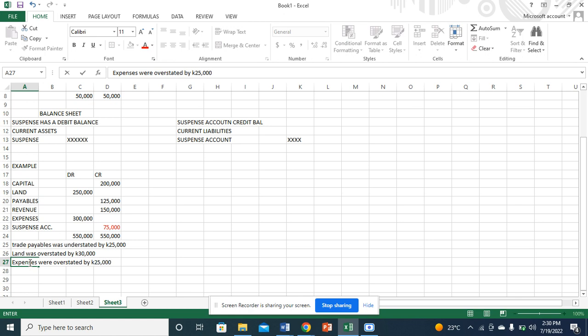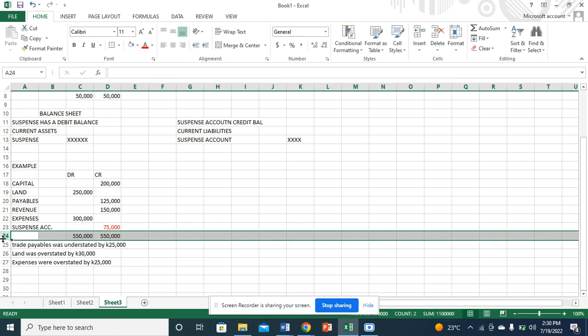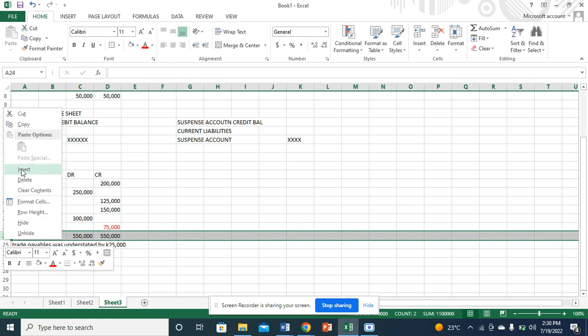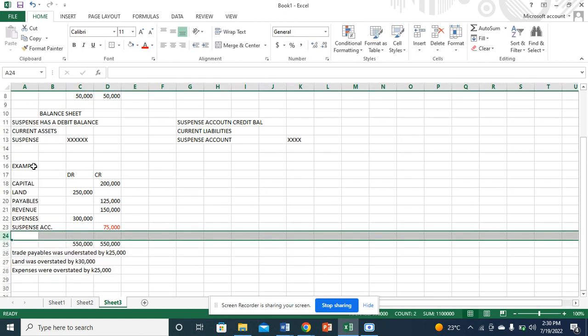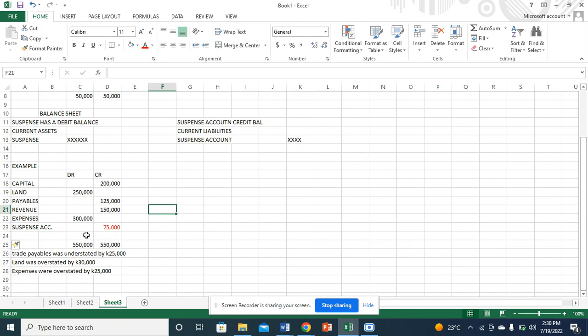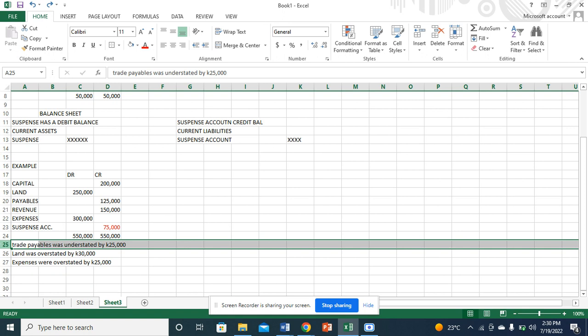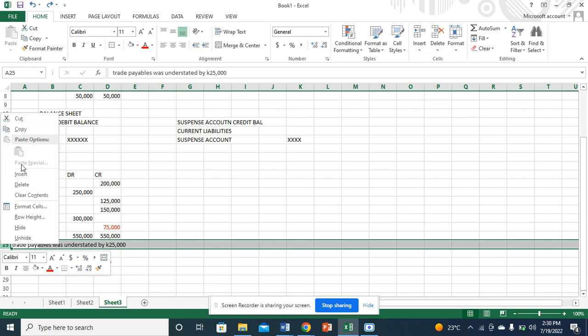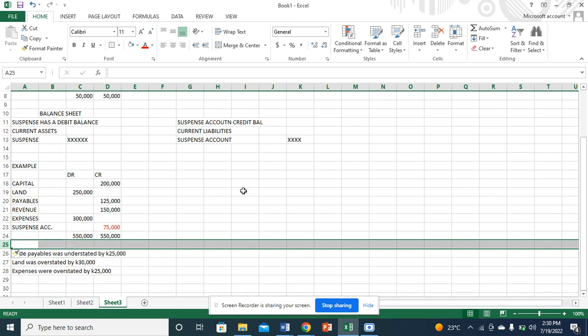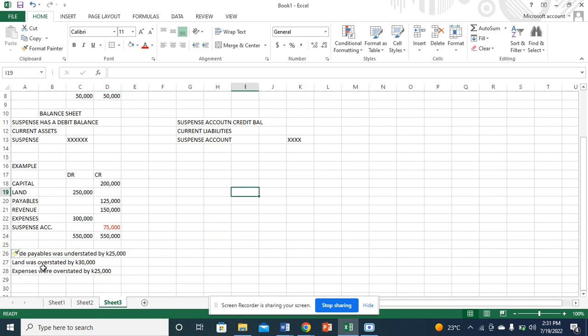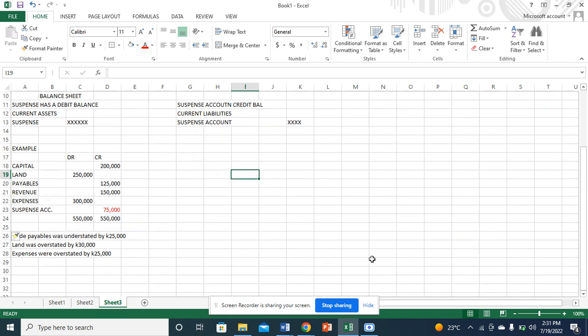But it's up to us to make the corrections, so that we can get rid of this suspense account and our trial balance can balance finally without needing that suspense account. All right. So we have to correct these errors.